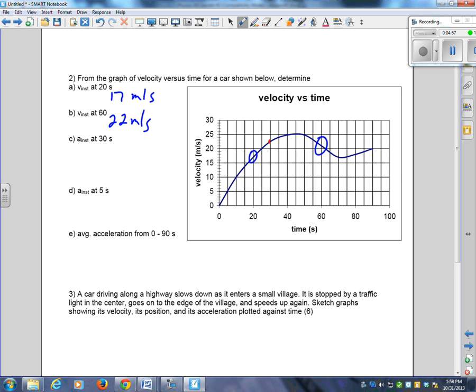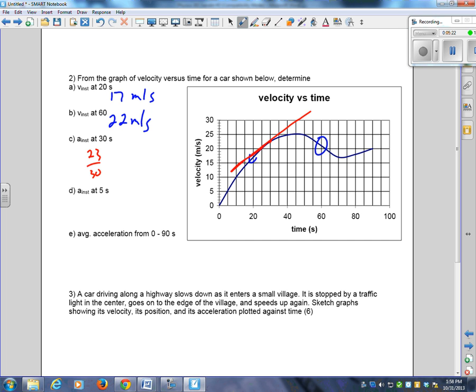We find the slope. I had some people that all they did was go 23 over 30. They took the points right there because it's up 23 over 30. Why is that wrong? You have to draw a tangent line. And you have to find two different points on that line.